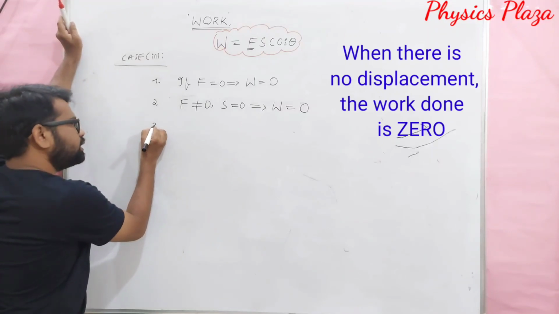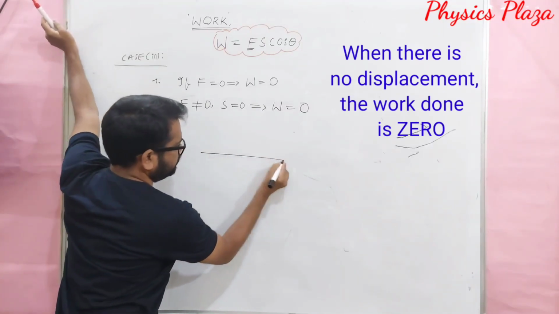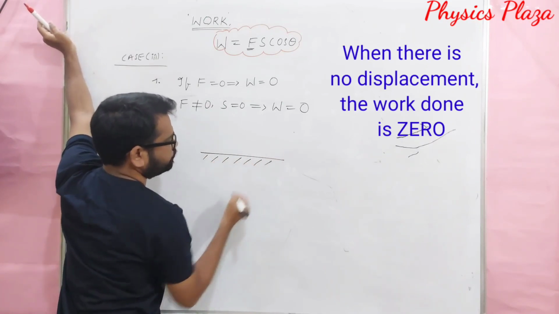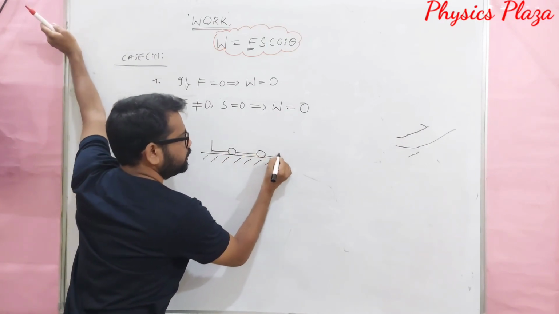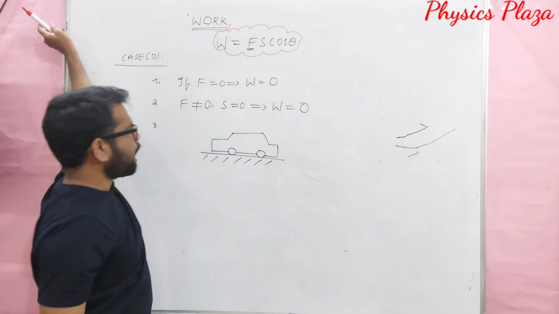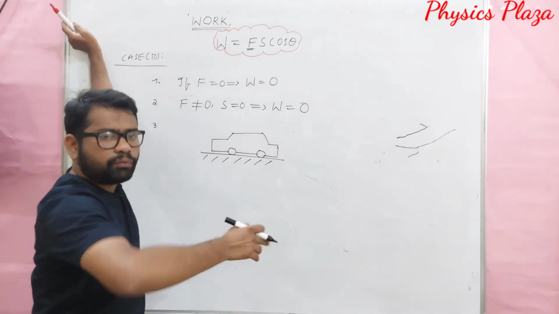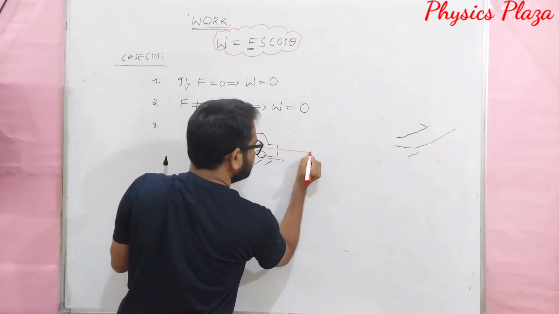Yes. Now, children, let us take one more case here. Let us take here one car. Let us take a vehicle going like this, zoom, zoom, zoom. Let us take it's a car. What is that car? Ambassador. Okay, let us see. One car is going, so let us say the car is going in this direction, children.